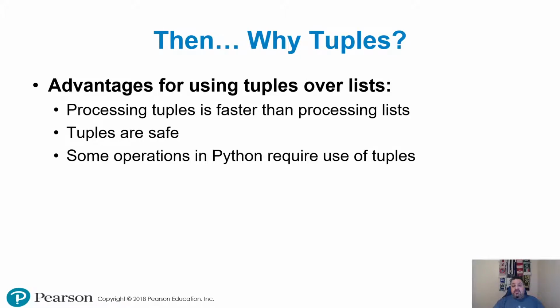And because of the safeness of these, there are actually some operations in Python that require a tuple and not a list. And that's where we use tuples. There is a question on your lab next week about why. What are the benefits of a tuple? They're basically faster to process with and safer because you can't change the data accidentally or on purpose.